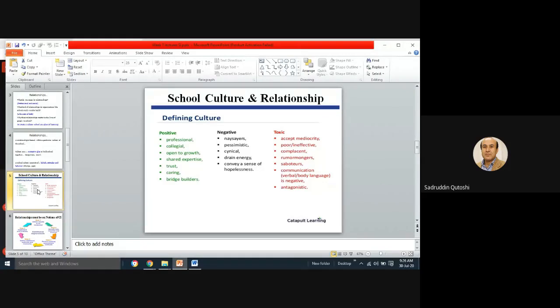A culture that allows everyone to grow with the passage of time, to develop their own capacities, their knowledge, their skills. A culture that helps everyone to trust each other, to care for each other, and build bridges between the staff members, and develop a collegial environment.